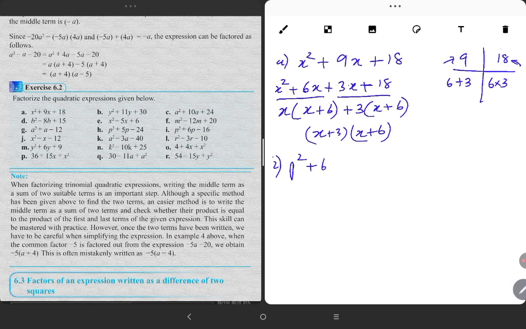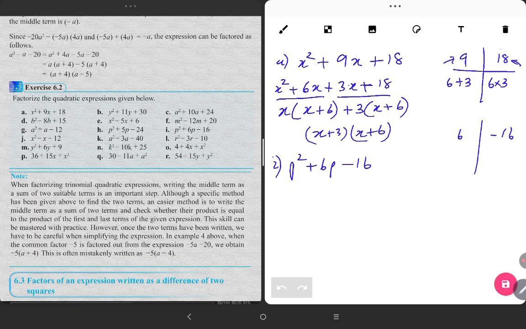So let's do I. P square plus 6p minus 16. Now again, here we need to see how 6 and 16 work together, but this is minus 16, remember.